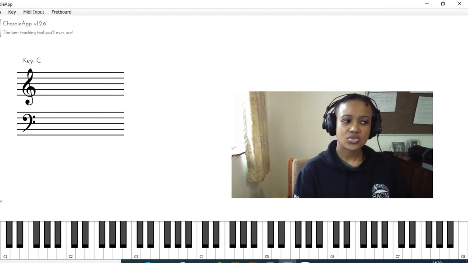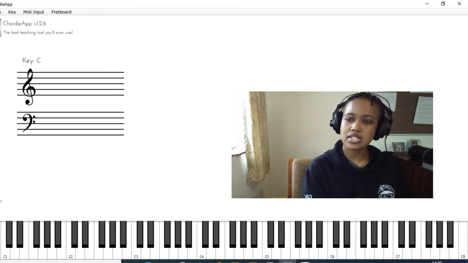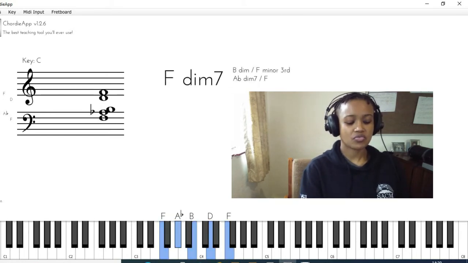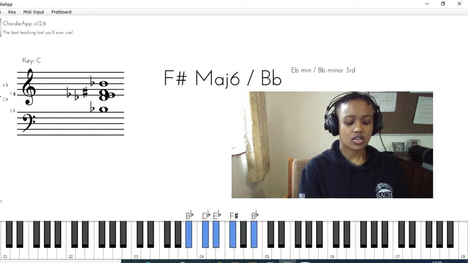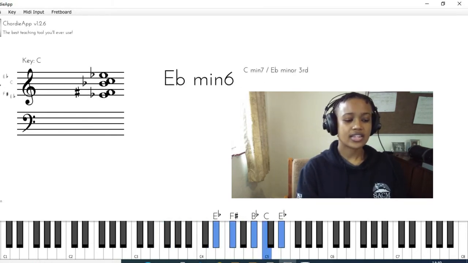So why would you want to use diminished chords? Now, you would want to use diminished chords to create interest. They're really good for voice leading, like how I just showed you now in the case of E flat minor 6. If I were to play E flat minor 6, I can literally build a scale.